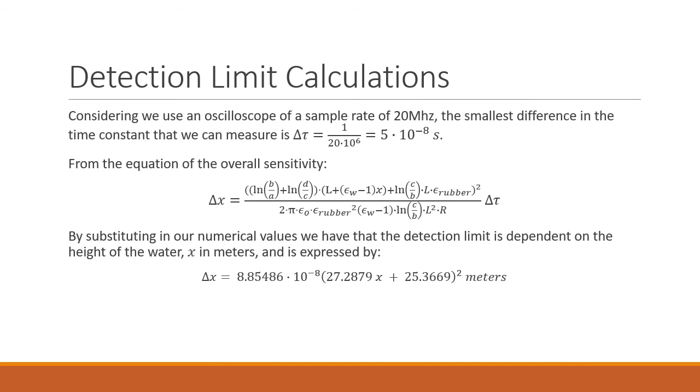By substituting in our numerical values, that is, the dimensions of the capacitor and the smallest difference in time constant, we have that the detection limit is dependent on the height of the water, which is measured in meters, and it is expressed by the following equation. We must finally note that the detection limit also has unit of meters.